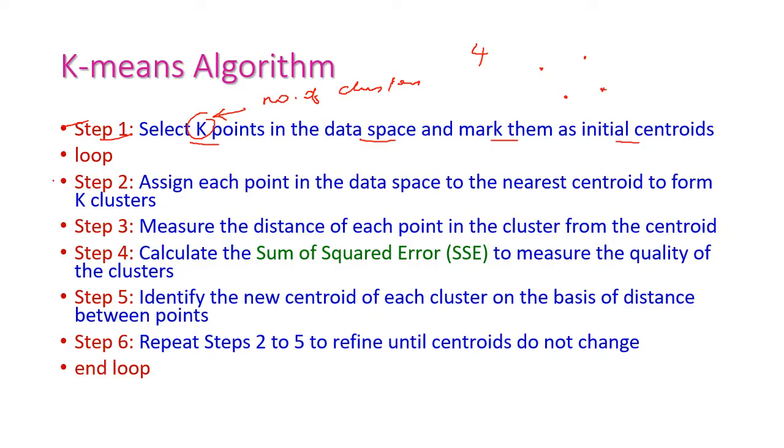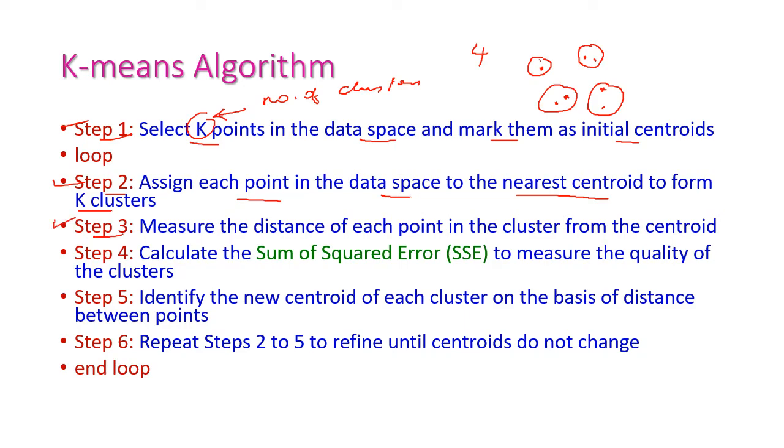Step 2: assign each point in the data space to the nearest centroid from the k clusters. If a point is here, it will be assigned here; if it is there, it will be assigned there. Based on the data point, it is assigned to the nearest centroid.